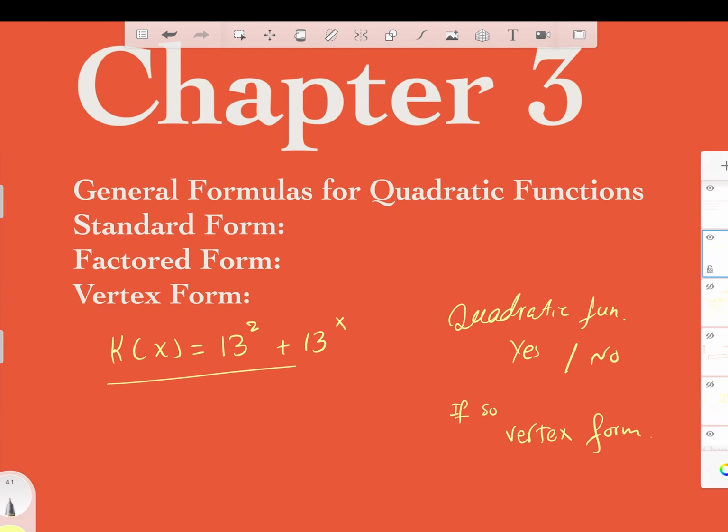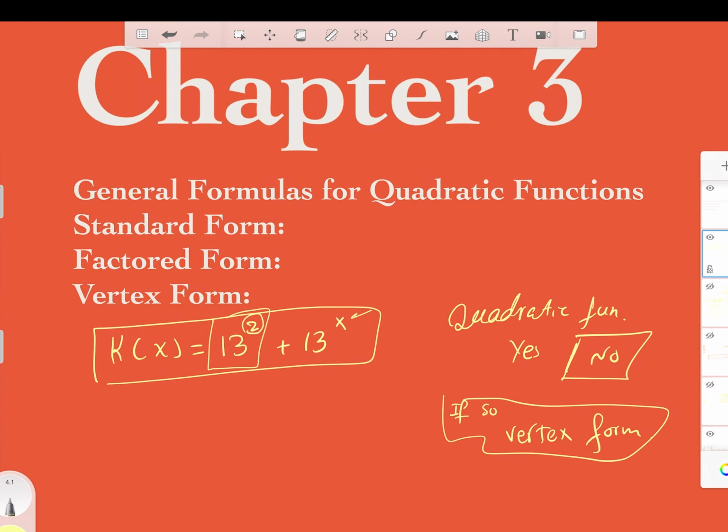So we need to investigate this equation. We have 2 here, but this 2 doesn't mean it's quadratic, because 13 squared is 169. So this is a number here, and 13 to the power of x, with x on top, is an exponential function. So this is not a quadratic function. You will say no, and we don't solve this one because it's not a quadratic.